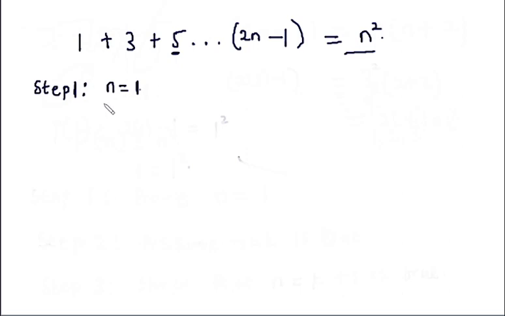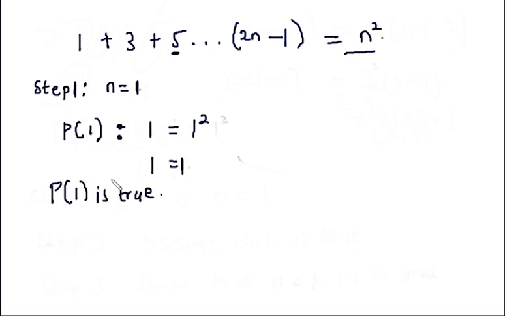So we know that P of 1 for the statement is 1. And on the other side of the equation, 1 squared is still 1. So 1 is equal to 1, and we know that P of 1 is true.